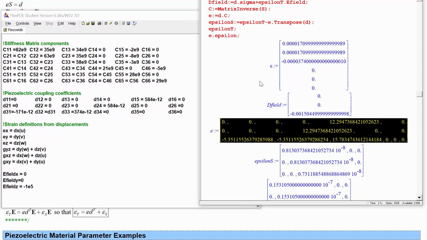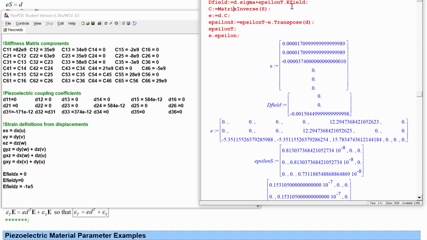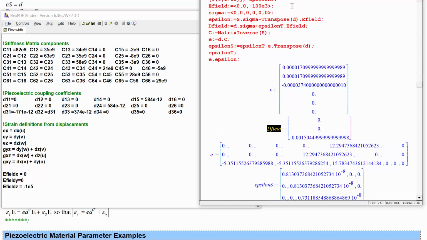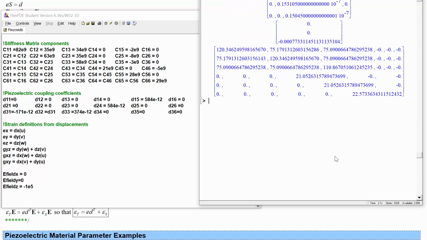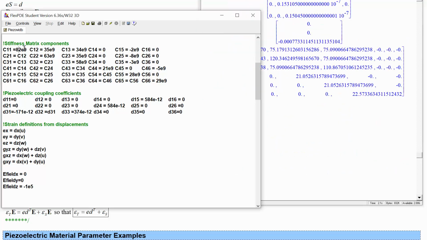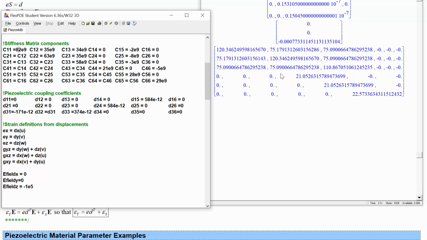These are easiest to enter when you've first divided by 1E9 to put it into gigapascals, as we saw earlier. Okay, so now that we've got this in gigapascals, we can go ahead with typing in the C components.